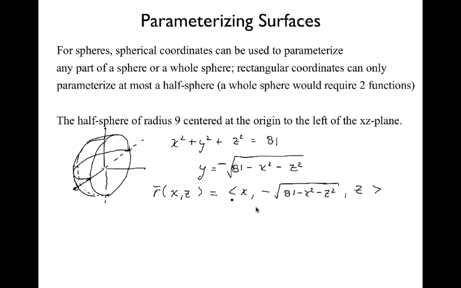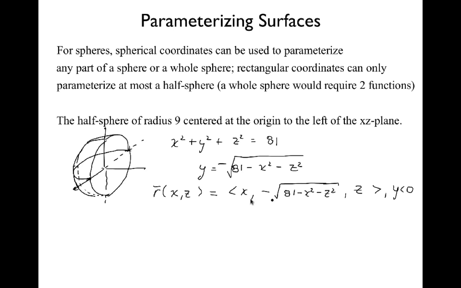If we graphed every single point that followed this, we would get that half sphere. We could say y is less than 0 if we wanted to, but in this case it's unnecessary because graphing every point with these three components would be exactly that half sphere.